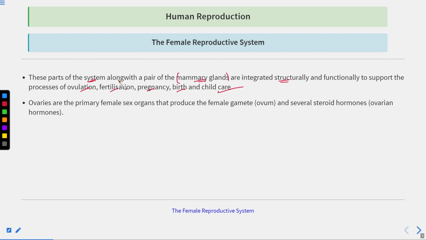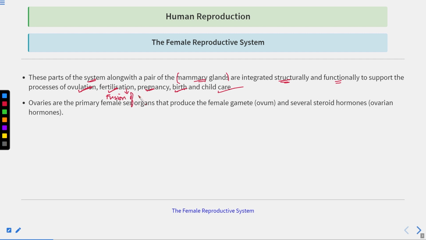So these parts of the female reproductive system, along with the mammary gland, are integrated structurally and functionally, and they support these processes: ovulation, which is the release of the ovum. Then fertilization. What is fertilization? Fusion of the male and the female gamete. Then pregnancy. Then birth of the child, which is known as parturition.